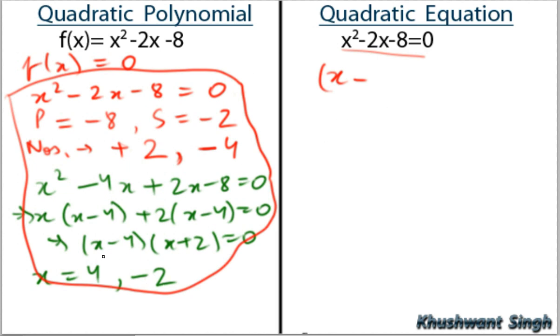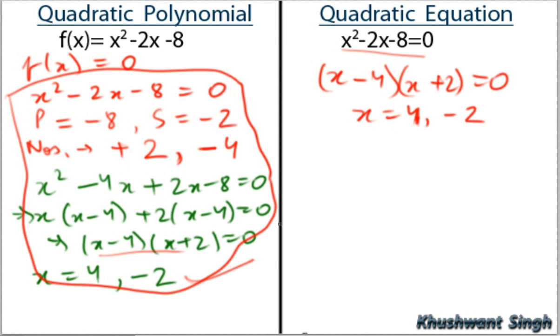I'm writing this step: (x minus 4)(x plus 2) is equal to 0, so x equal to 4 and minus 2. Now these two are the roots of this equation. So over here roots are also 4 and minus 2, and zeros are also 4 and minus 2. Both are the same.